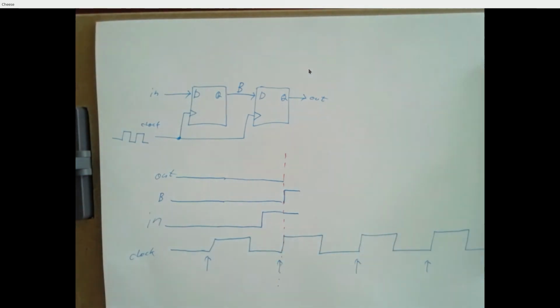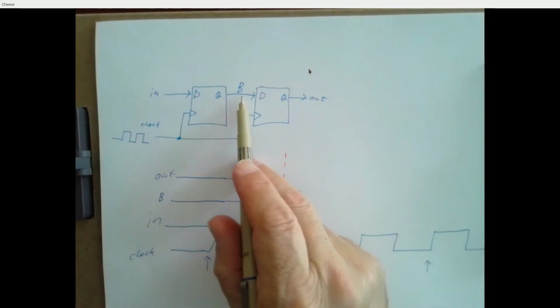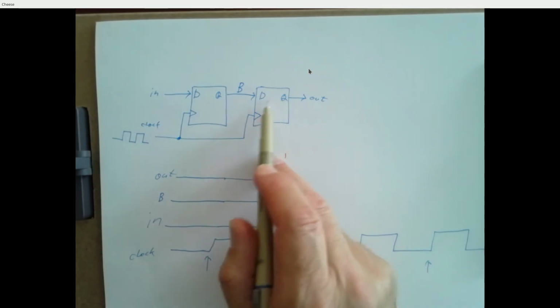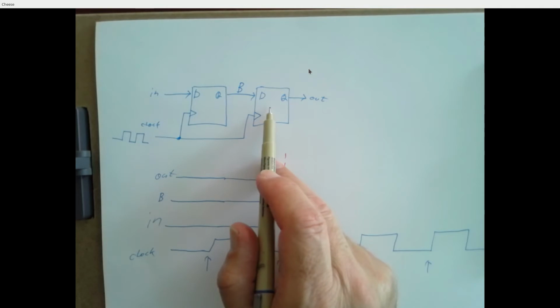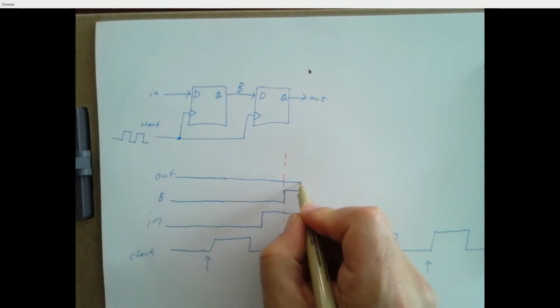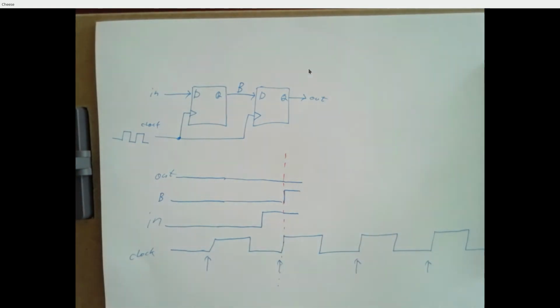But here's the really, really, really cool part. At the moment when the clock ticked, B was 0. Which means that the output of this flip-flop is still going to be 0. So this is going to stay low. Now right after the clock ticks, B changes to a 1.